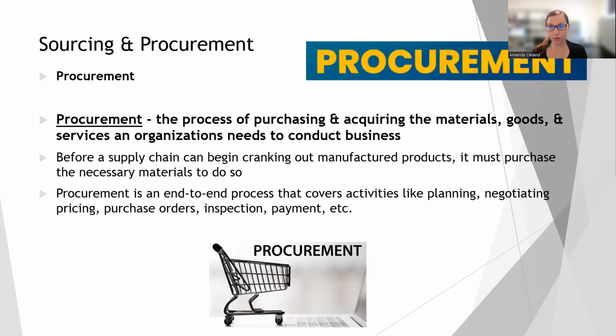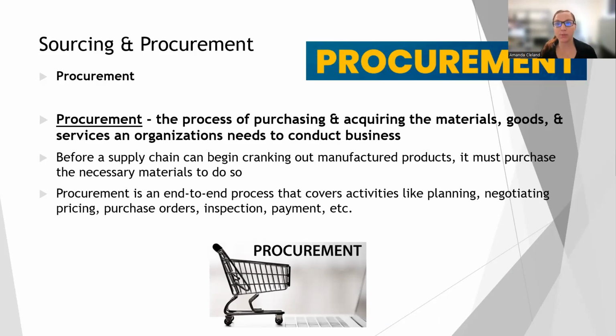So let's talk about procurement now. Procurement is the process of purchasing and acquiring materials, goods, and services that an organization needs to conduct business. It is that end-to-end process. So before our supply chains can start cranking out manufactured or produced products, it's got to purchase the materials in order to create them. And again, it's an end-to-end process that covers all the activities like planning.